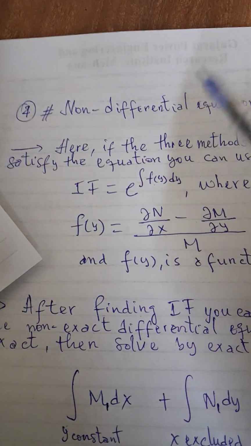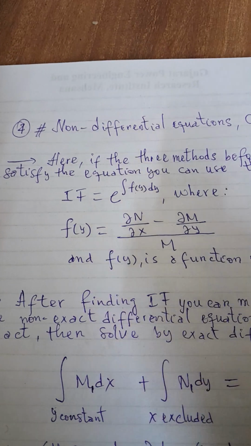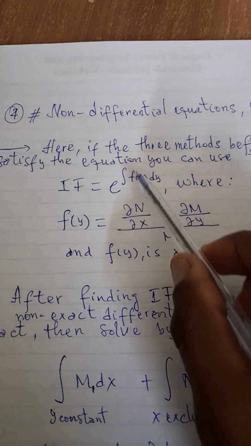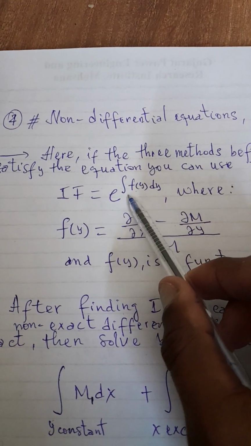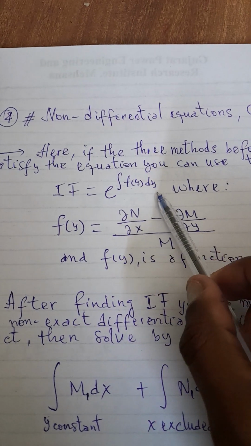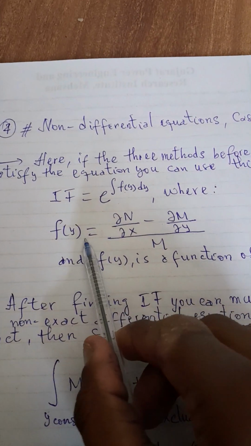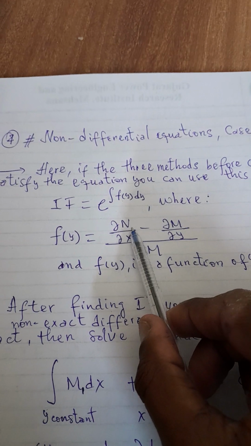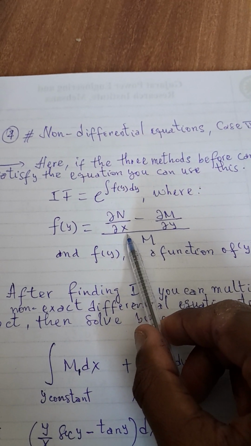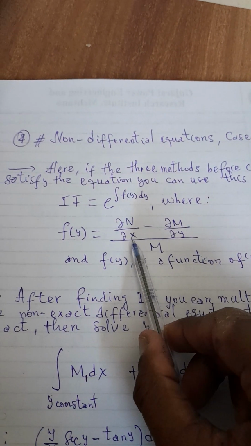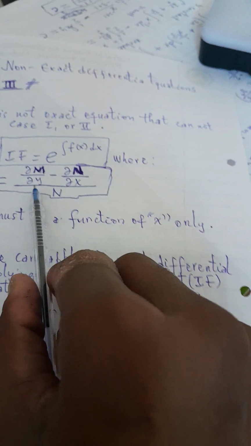For the fourth case, the integrating factor will be equal to Euler raised to the integral of f of y dy, where f of y is equal to del n upon del x, not del m upon del y.